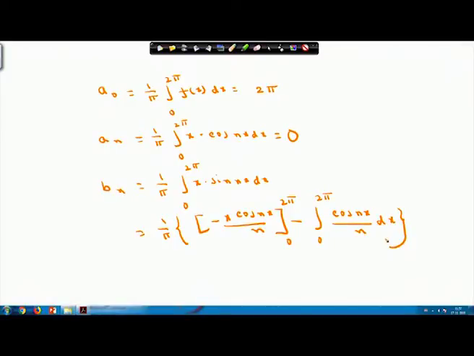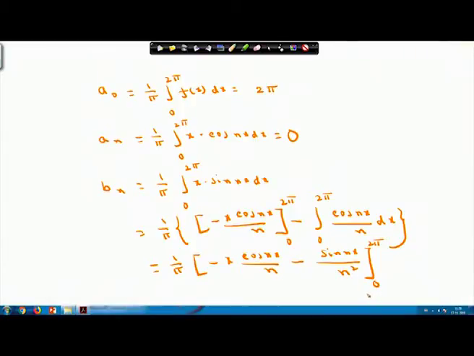This is the second term. So, I will obtain 1 by pi into minus x into cos n x by n here, and here I will obtain sin n x by n square, since n is there, and the limit will be from 0 to 2 pi.